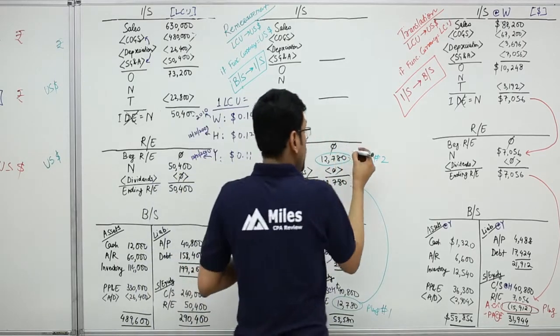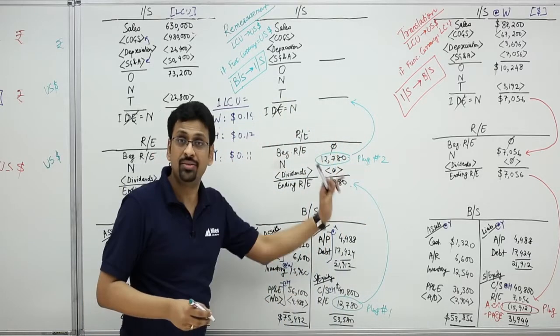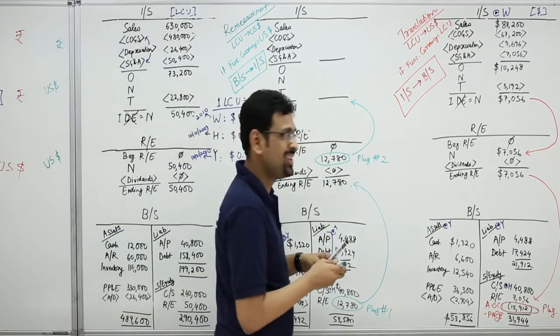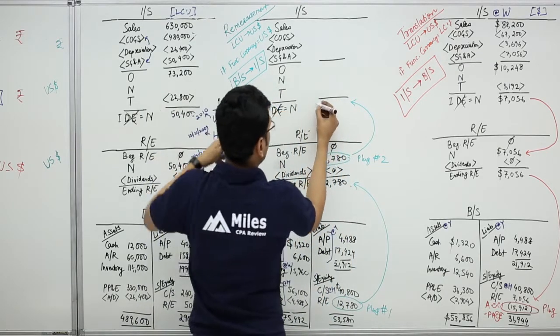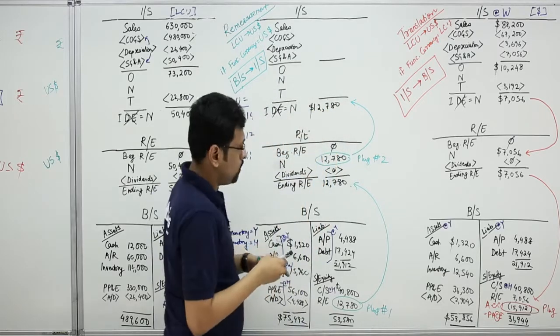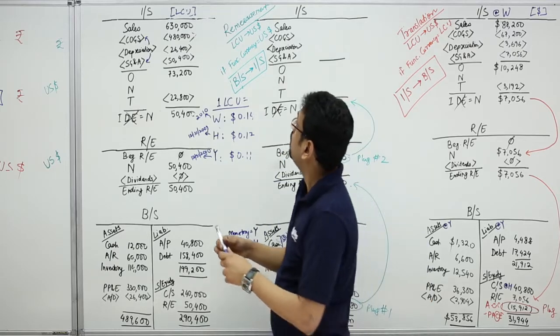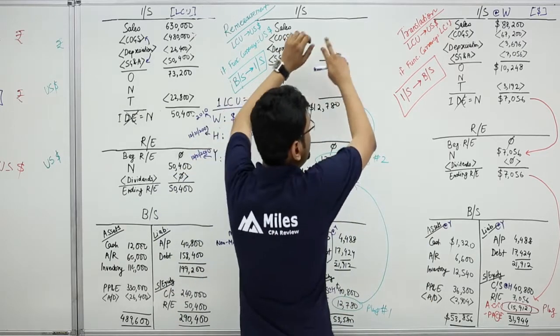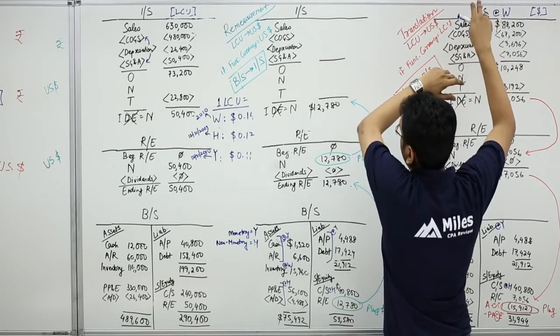And this number now flows here. Look at the direction, guys. Interesting, right? So this is 12,780 net income here. Now, we had used weighted average exchange rate for translating income statement items.